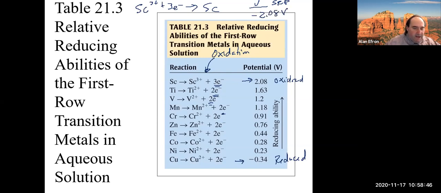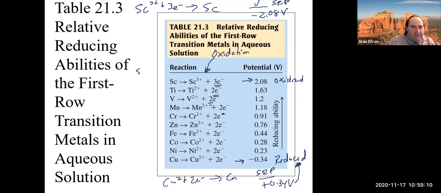If I reverse my copper, it becomes an SRP value of plus 0.34 volts. Now this might make more sense. 0.34 volts is much more positive than minus 0.208, and it is the one we would expect to be our cathode, or be reduced.